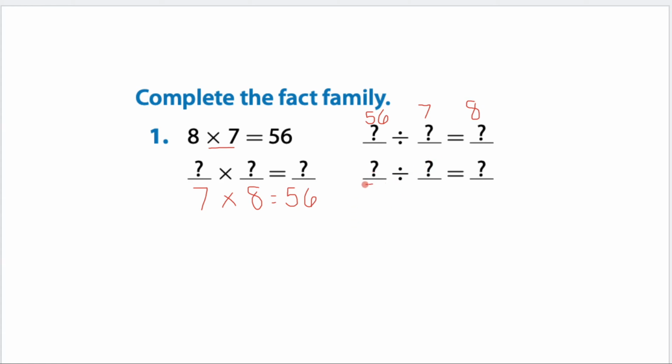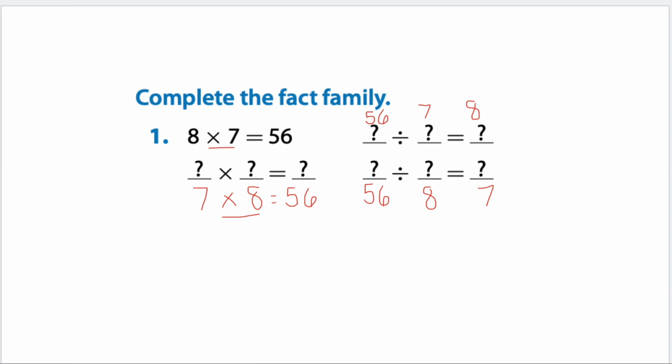So again, we would start with our total, 56. In this problem, we multiplied by 8. So we would divide by 8, and we get 7. So we can see how all of these facts are related.